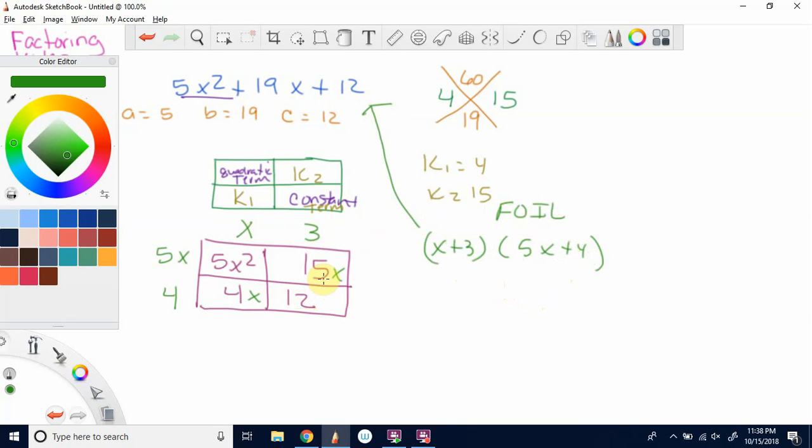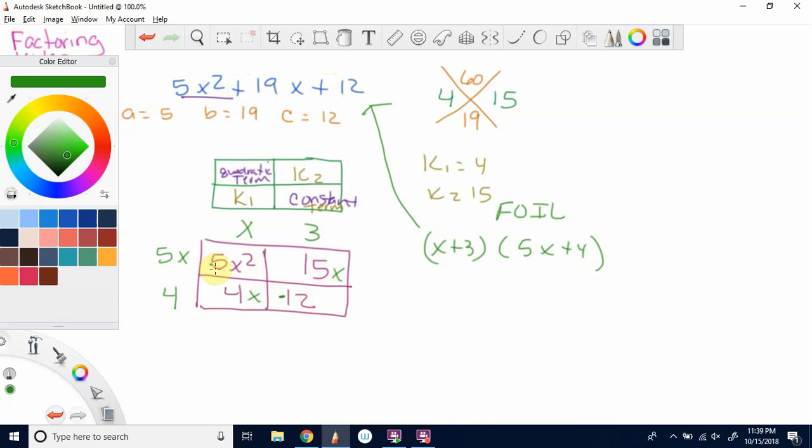Now, this method is pretty easy. What makes it complicated is when you have a negative here, or both. Then you have to be able to factor out a negative, and make sure that your signs are right, that you factored out a negative where you should have. Sometimes you might have a negative here and a negative here.